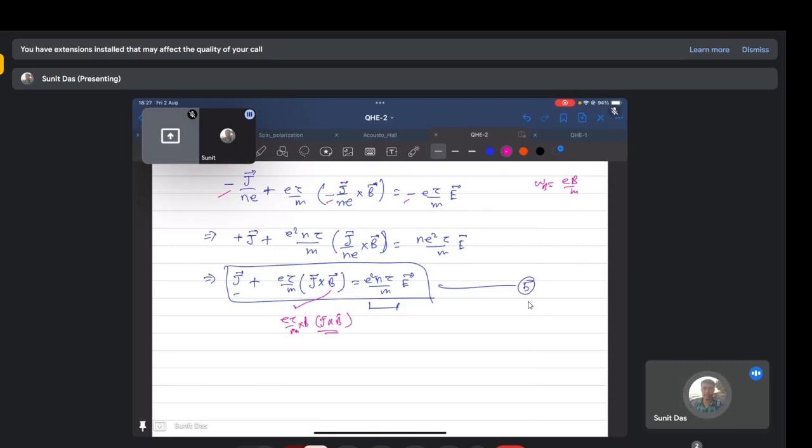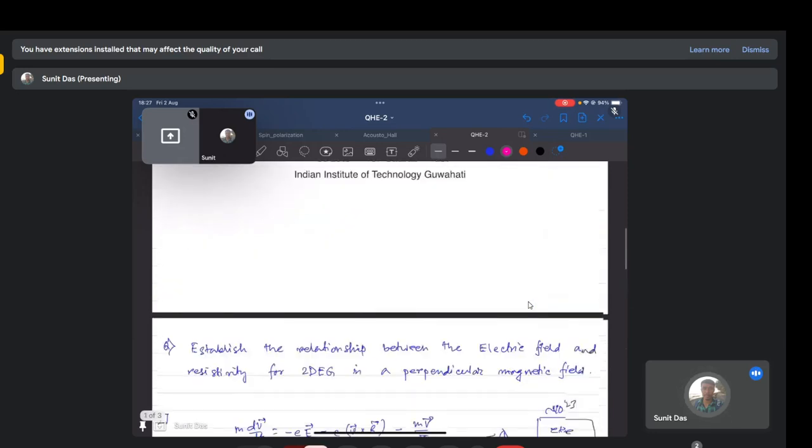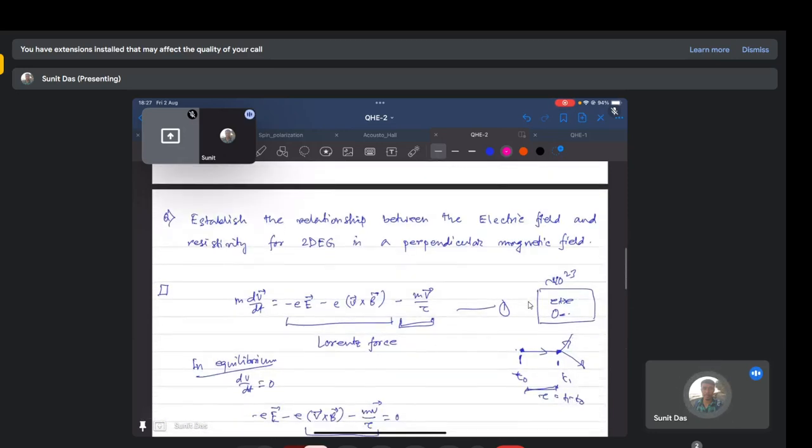So our question was to establish the relationship between the electric field and the resistivity for 2D in a perpendicular magnetic field.